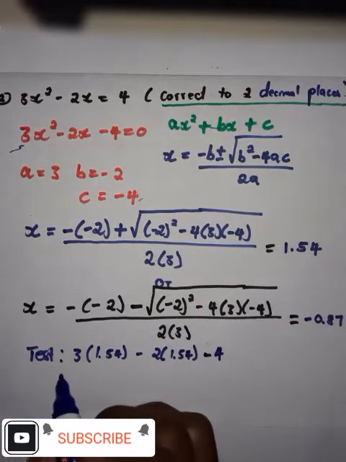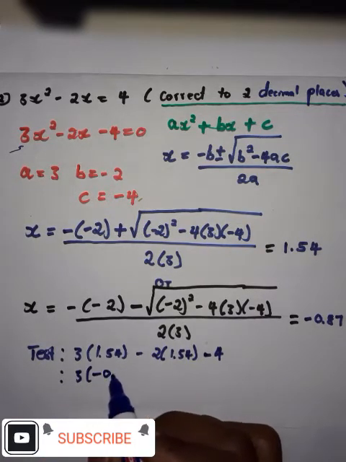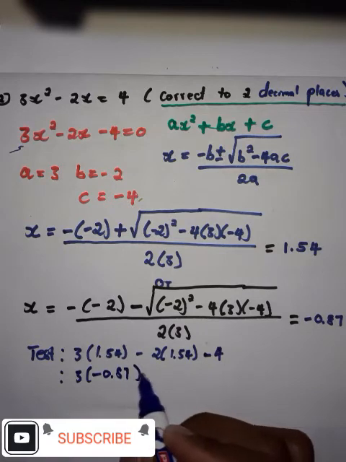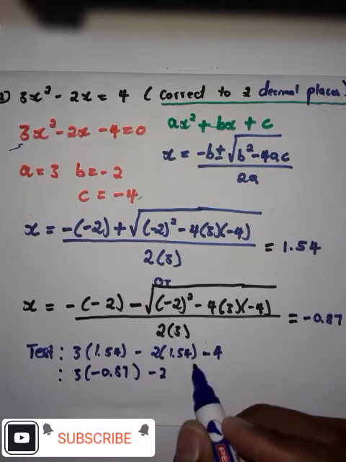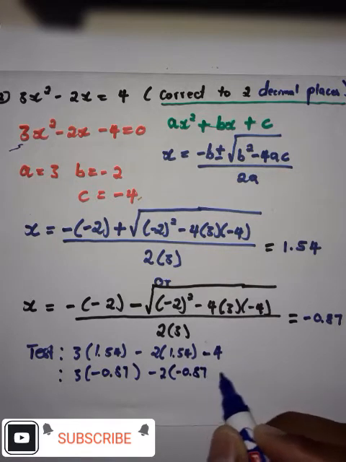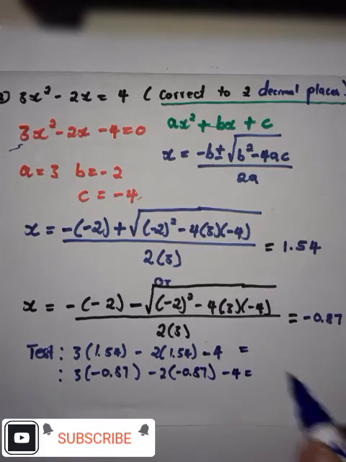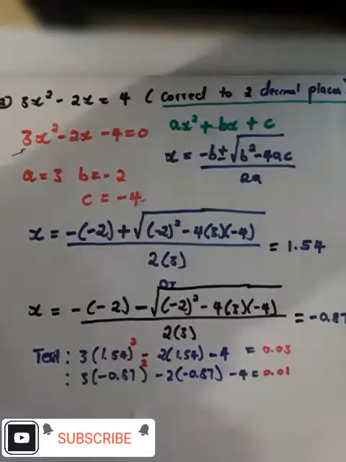So test the second one. The second one is 3 into minus 0.87 minus 2 into minus 0.87 minus 4. So if one of these expressions doesn't give you 0, that means it's wrong.